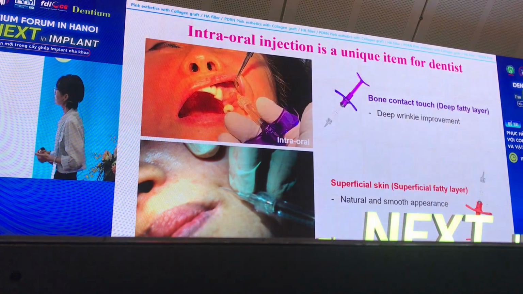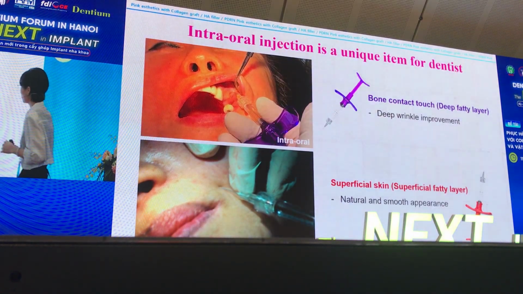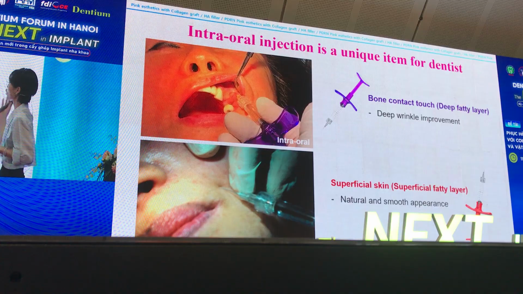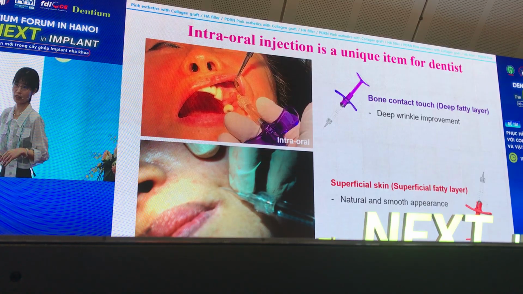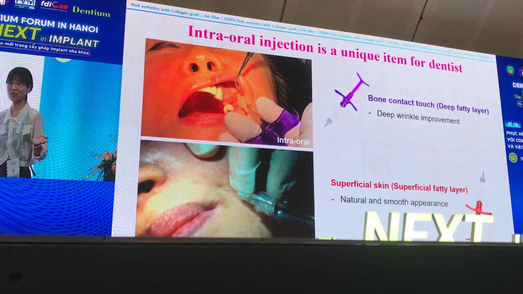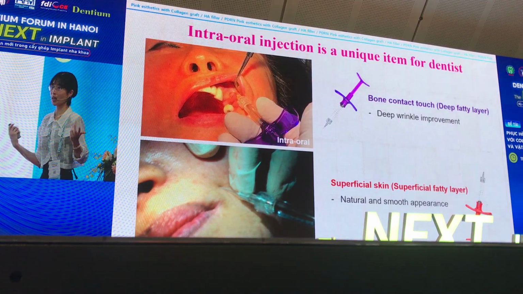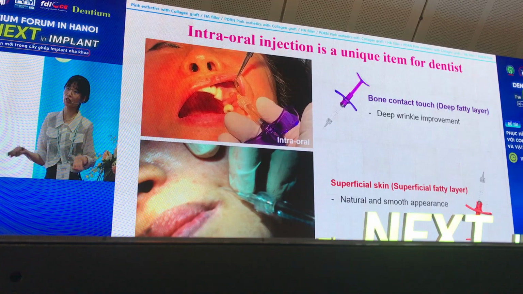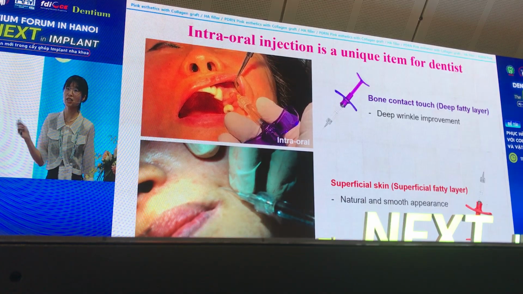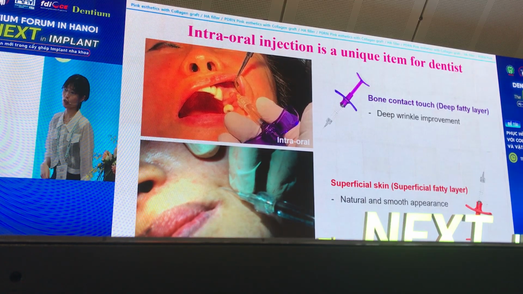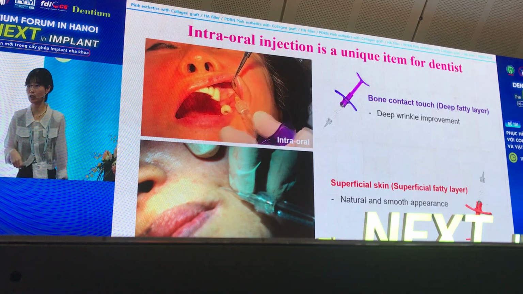So I would like to introduce the intraoral injections of the filler because you're dentists, right? We do the anesthetic injection every single day. So it is very easy to do intraoral injection of filler inside.